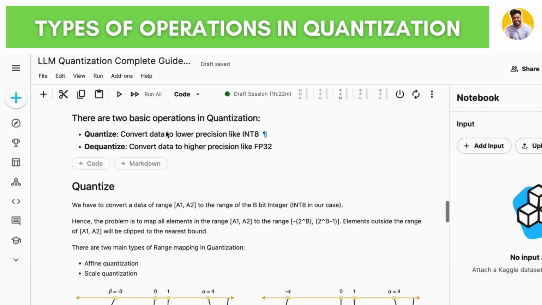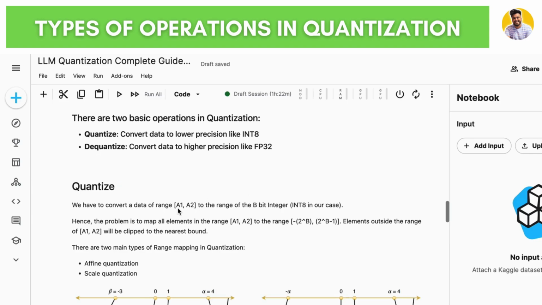Okay, and in the quantize function, we convert the data into a particular range of our integer bit format. Let's just say we have the int8 precision format, so we need to convert our high precision value into the range of the int8 precision format, that is -127 to 128.